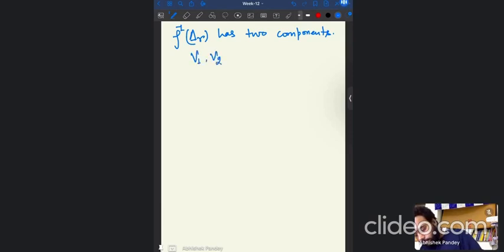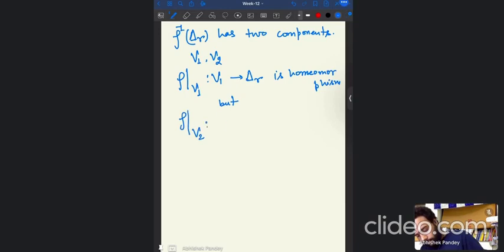Rho restricted to v1, from v1 to delta r, is a homeomorphism, but from the other component v2 to delta r it is not a homeomorphism.